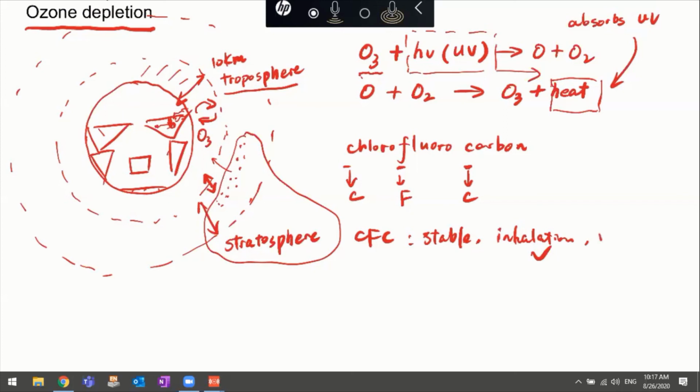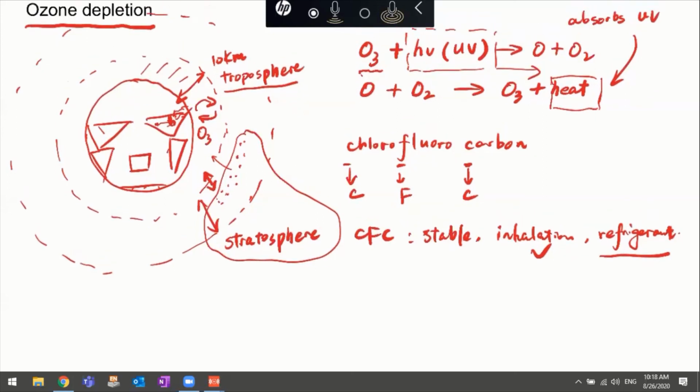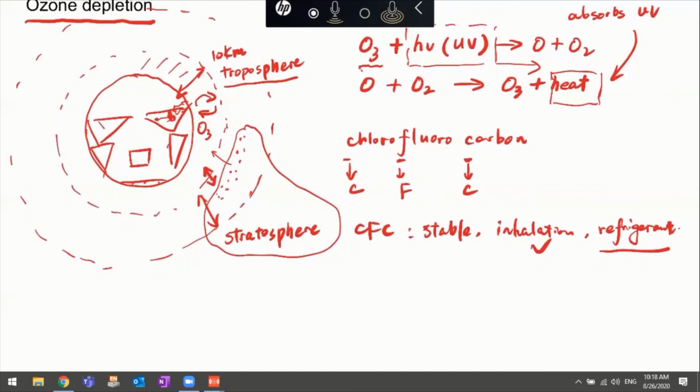It doesn't cause damage, right? And more importantly, it can be used as a refrigerant. So a lot of the older fridges or air conditioners use the CFC as a working fluid to generate the cool air. And people really like it. And actually, CFC is not a natural gas species.